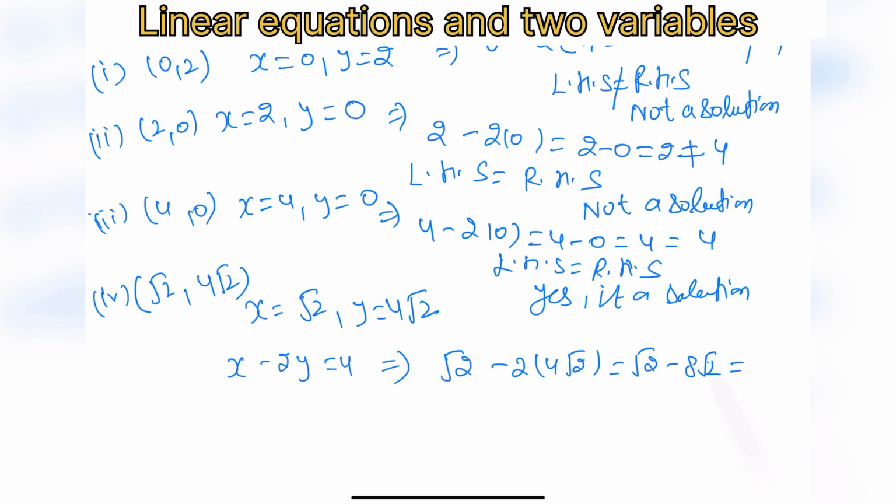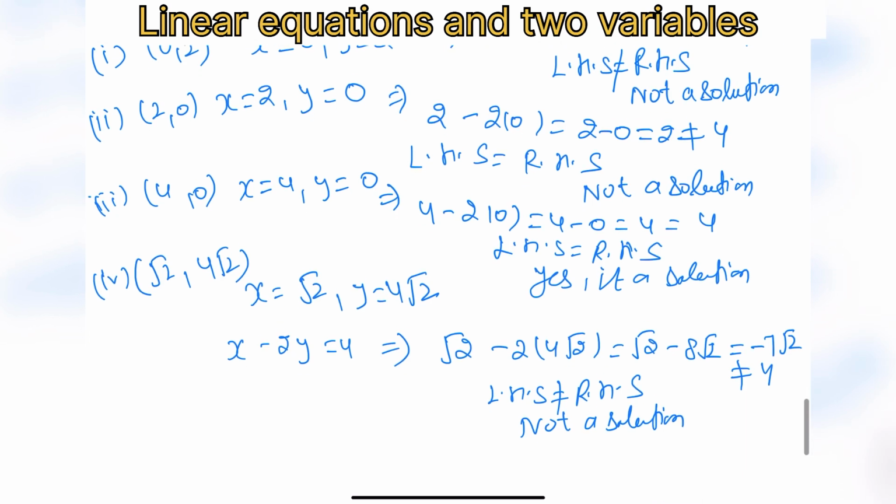Because both the terms are of root 2, they are like terms, so 1 root 2 minus 8 root 2 gives you minus 7 root 2. This is not equal to the right hand side, that means not equal to 4. So left hand side is not equal to the right hand side, hence it is not a solution of the given equation.